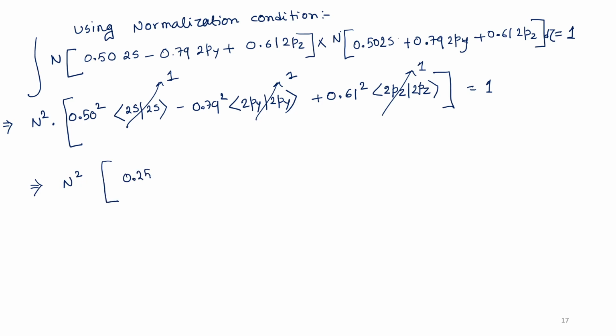And this is the value 0.25 we know, and then 0.79 square, that is going to be 0.62, plus 0.25, so that is 0.25.